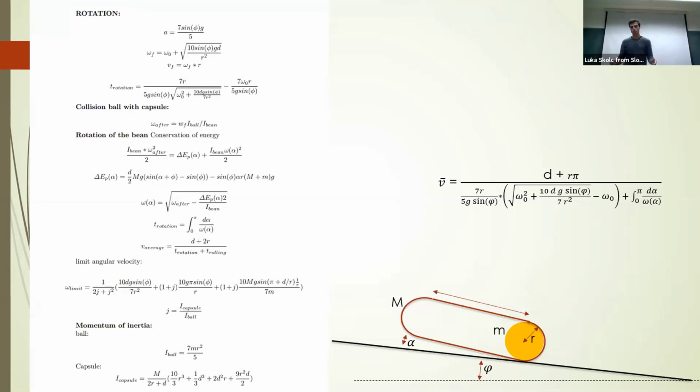Otherwise it would be normal rolling of a ball or cylinder down a flat surface, and in this case the movement would be completely different, and I think the velocity would be higher. But if we are talking about this final limit velocity, the position of the capsule, whether we put it horizontally or vertically, has no effect on the limit velocity that we predicted in our theoretical model.